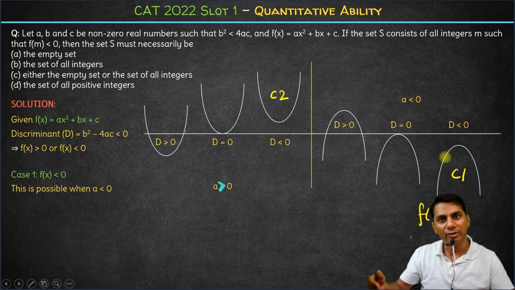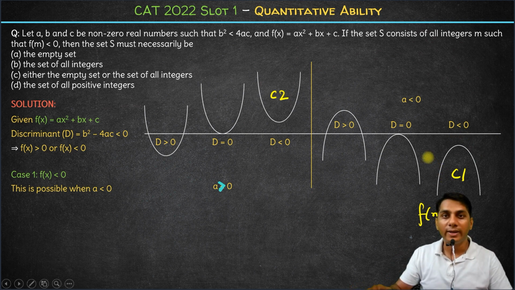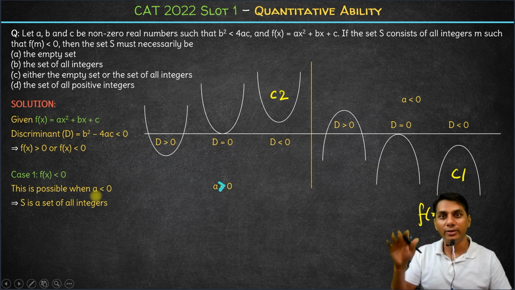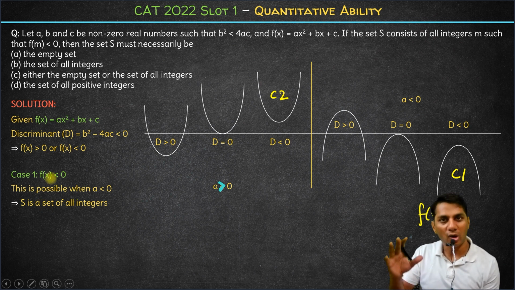Well, you take any value of x, the function is always less than 0. For all values of m, the function will always be less than 0. So from here we'll say S is the set of all integers. For all integral values, this function will always be less than 0.